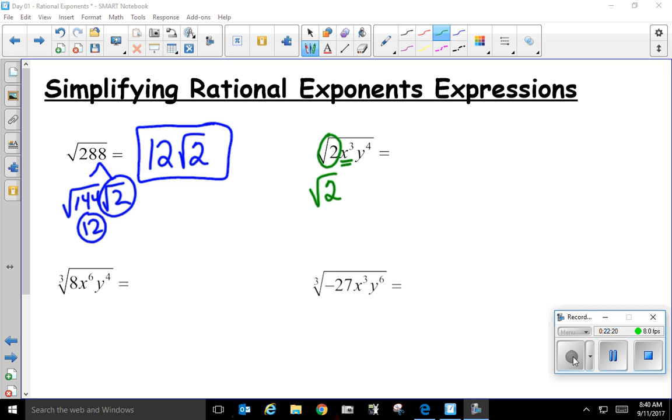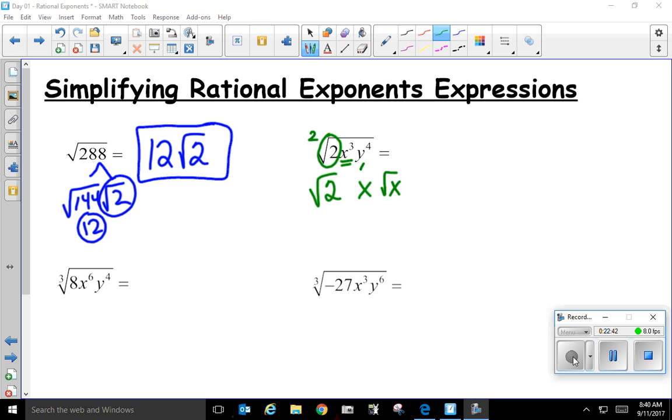Figure out what's the quotient, what's the remainder. 2 goes into 3 once. So 1 stays out with a remainder of 1. So 1 remains in.